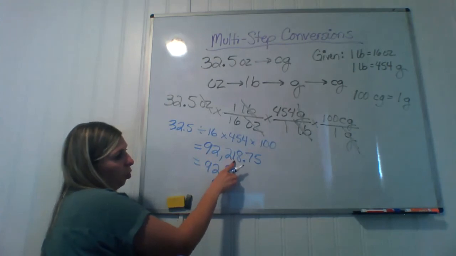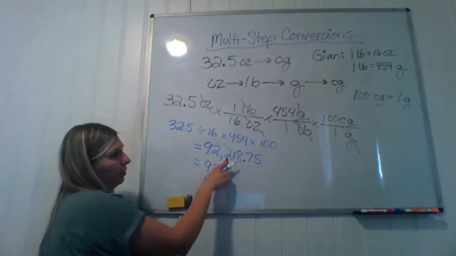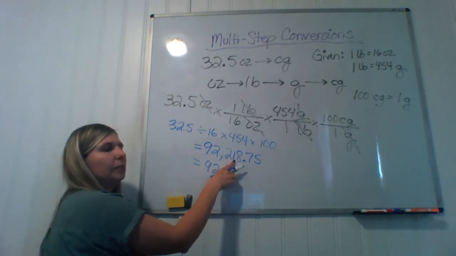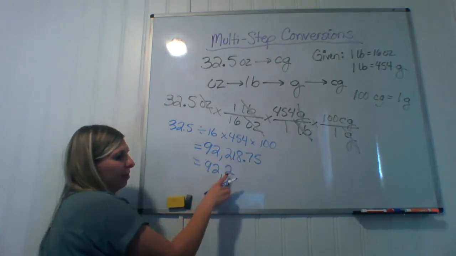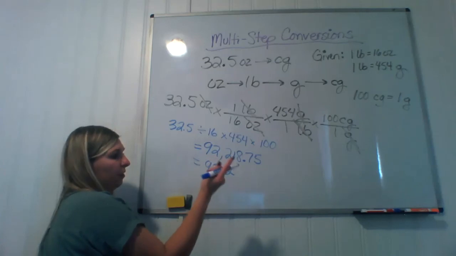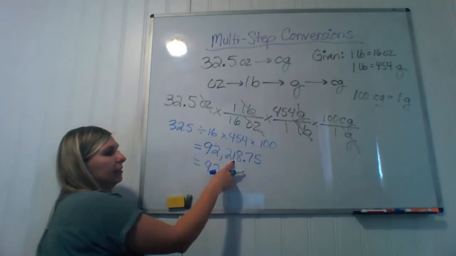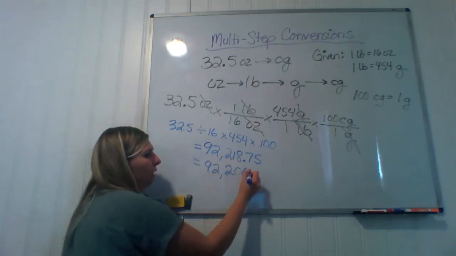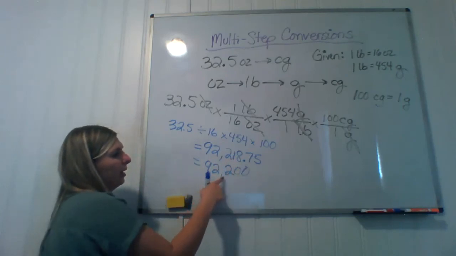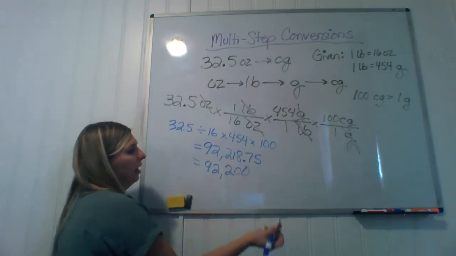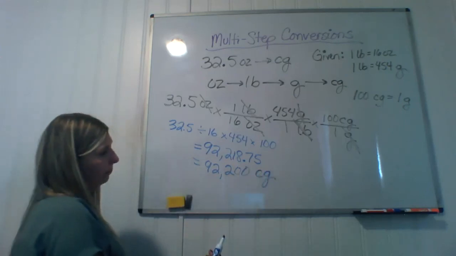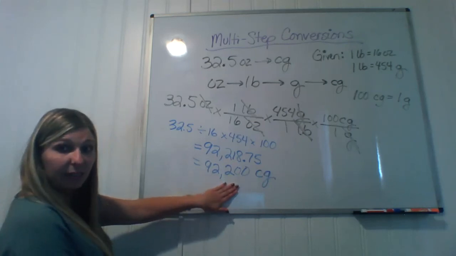Now, this 1 here does not round up the 2. So if this number after here was greater than 5, then it would round the 2 up to a 3. But since it's less than 5, then we keep this as 92,200, and then your final units is centigrams. Okay, so that's one way to write it.